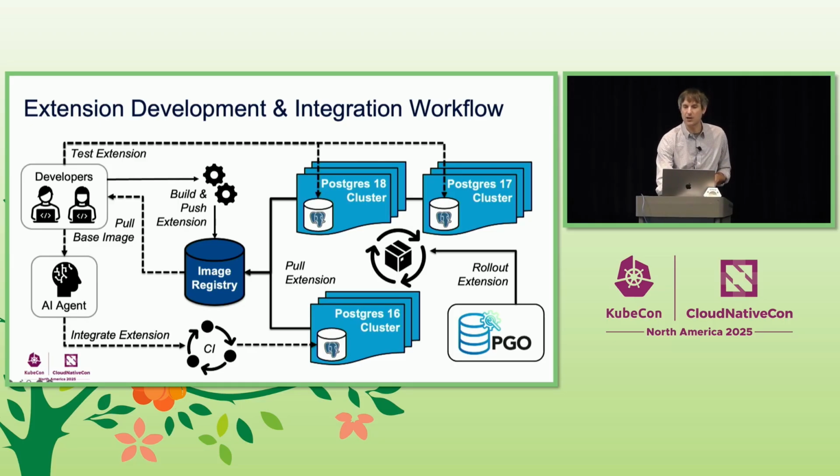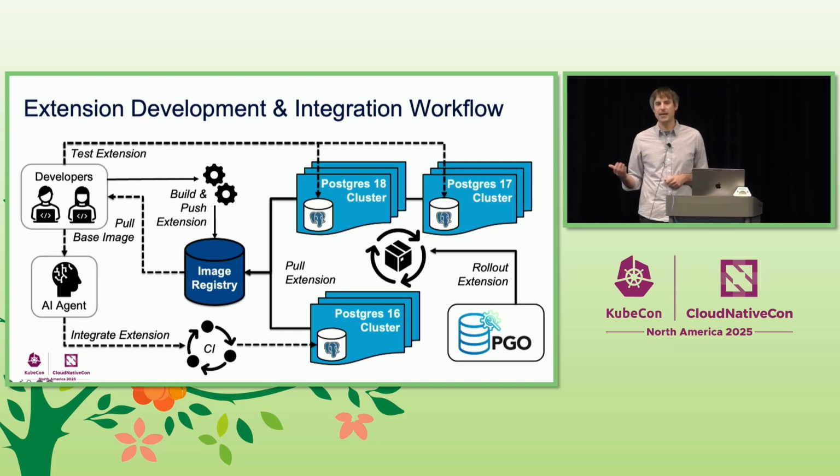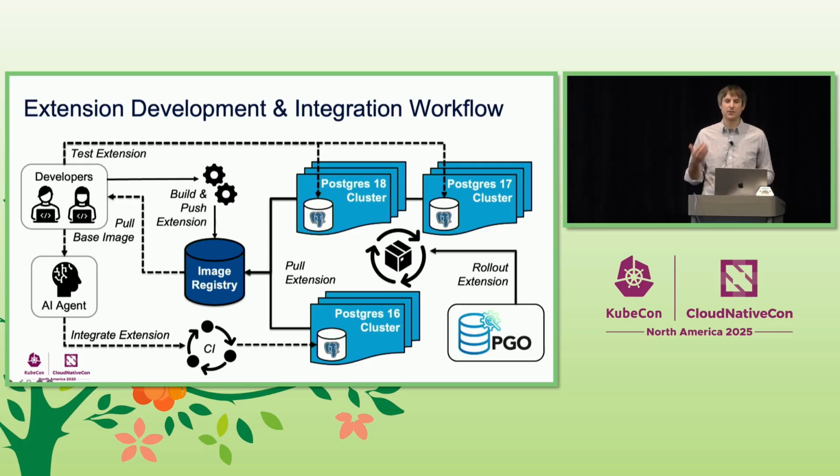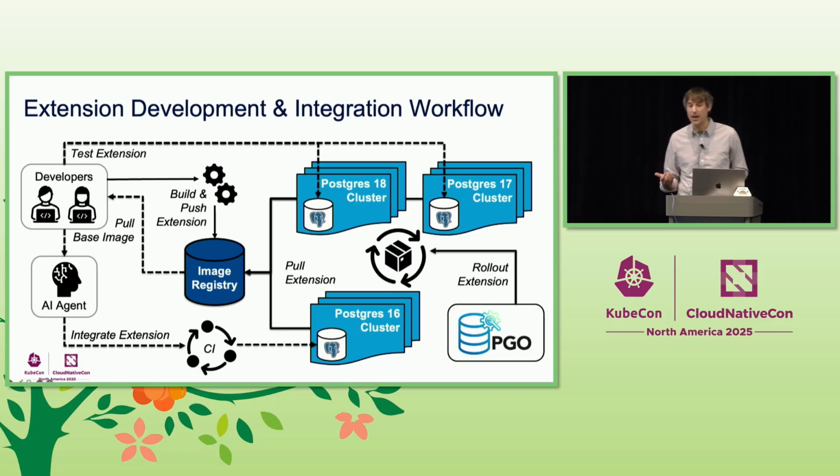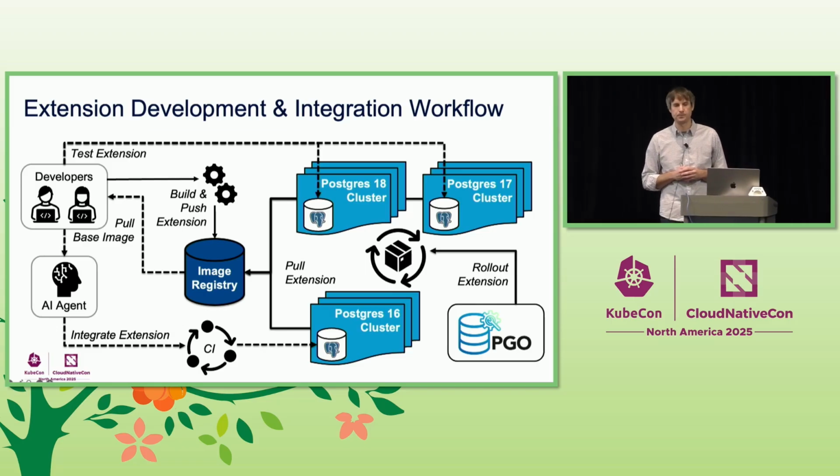And the process starts with a build of the pgvector extension on the top left-hand side of the screen. I'll note that by using a base image containing common Postgres packages and dependencies, the development team can even avoid some of the challenges and complexities often associated with setting up an environment to build a Postgres extension.